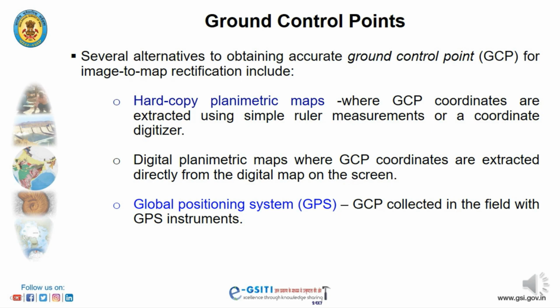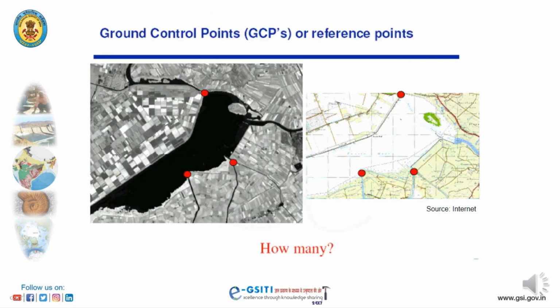Using Global Positioning System, GPS, GCPs can be collected in the field with GPS instruments. Here we can see how a ground control point is taken on an image as well as on a map. The common features which are identical on both the map and the image are considered as a GCP point.